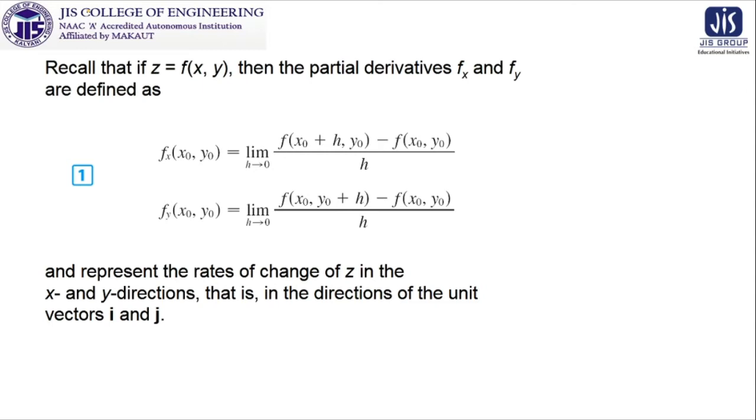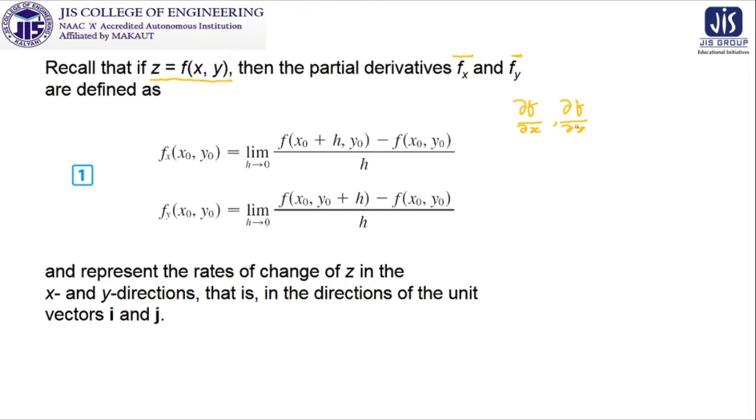Now, if we can recall that z is a function of x and y, that means function of several variables, then the definition of partial derivatives fx and fy, which we generally denote by del f del x and del f del y.